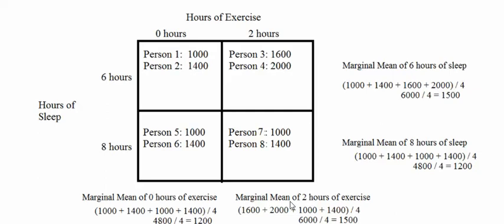You would be just comparing those two levels of exercise to see which one led to more calorie consumption. And if you compared the two row marginal means, what you would be doing is just comparing 6 hours with 8 hours of sleep to see which level of sleep caused more calorie consumption.